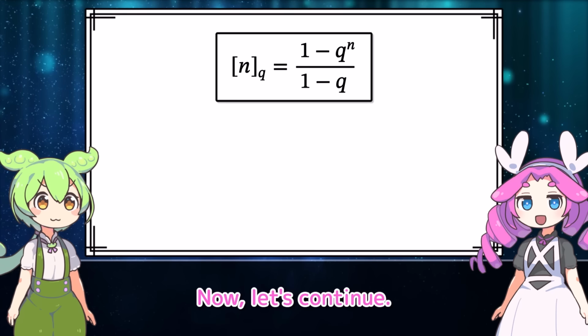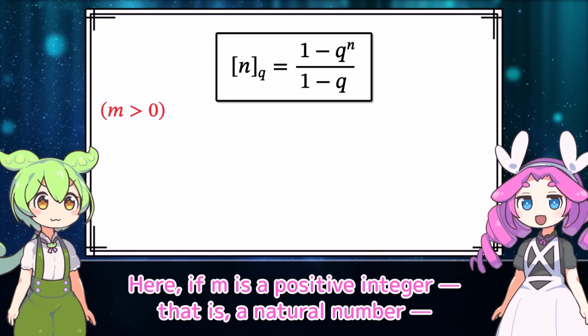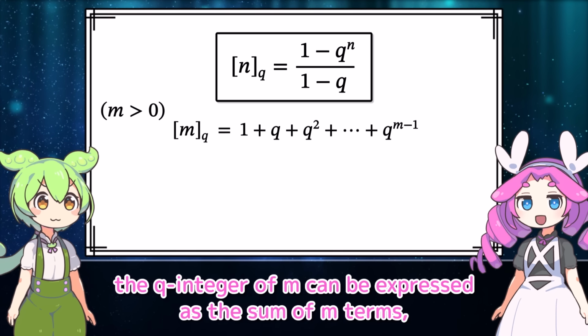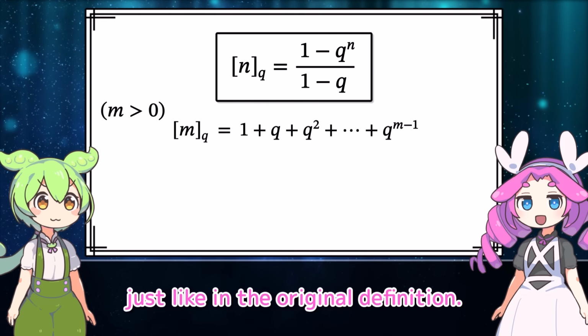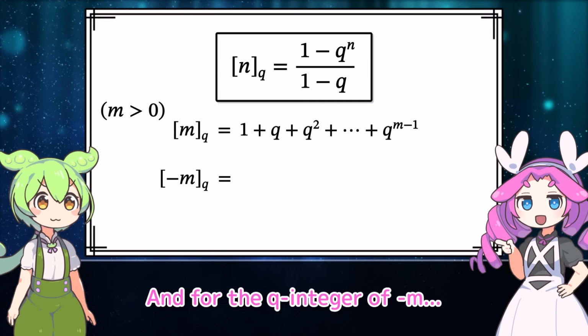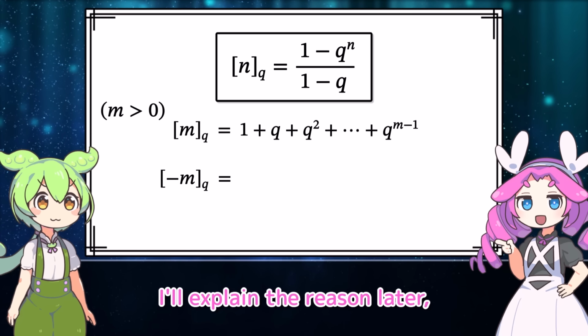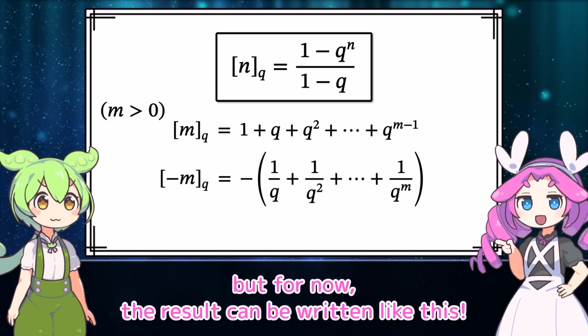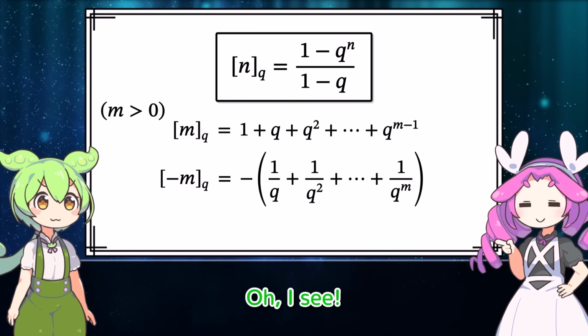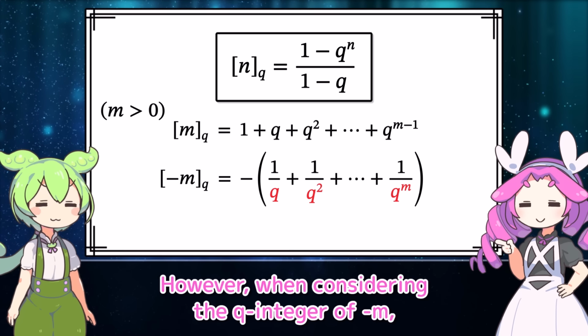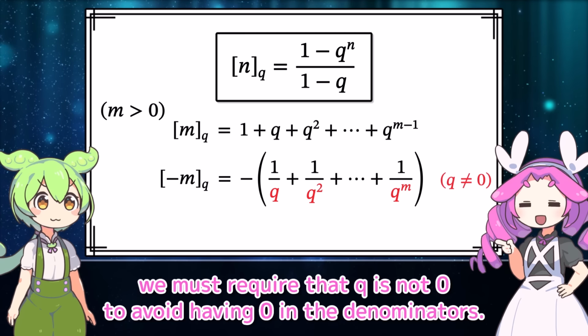Now, let's continue. Here, if m is a positive integer, that is, a natural number, the q integer of m can be expressed as the sum of m terms, just like in the original definition. And for the q integer of minus m, I'll explain the reason later, but for now, the result can be written like this. Oh, I see. However, when considering the q integer of minus m, we must require that q is not 0 to avoid having 0 in the denominators.